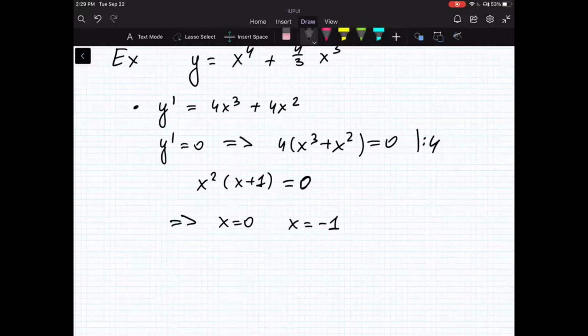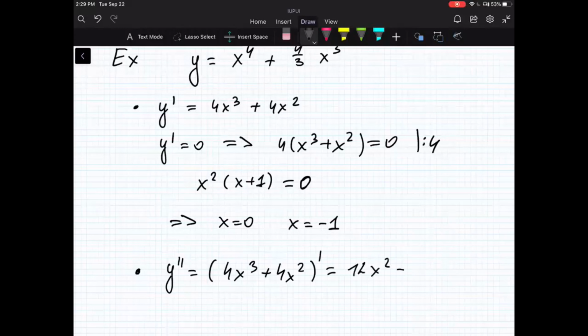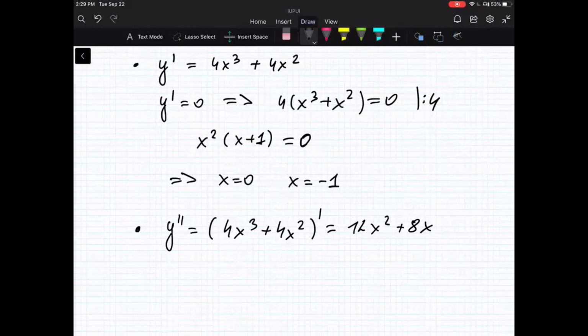And how are we going to check it? Using the second derivative test. So I will calculate the second derivative, which is the derivative of the first one. So it's the derivative of 4x cubed plus 4x squared, and that gives me 12x squared plus 8x. And y double prime at point 0, unfortunately, gives me 0. So it fails.